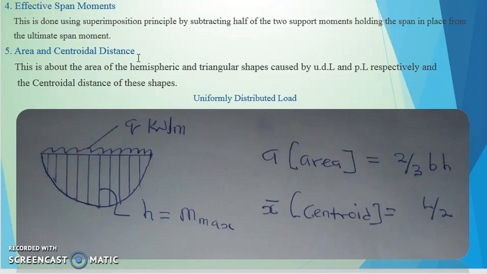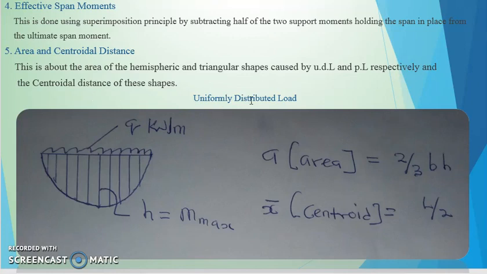The fifth is the area and centroidal distance. This is about the area of the hemispheric and triangular shapes caused by UDL and point load respectively, and the centroidal distance of these shapes.